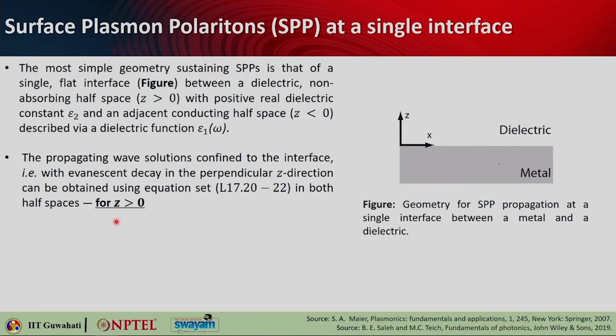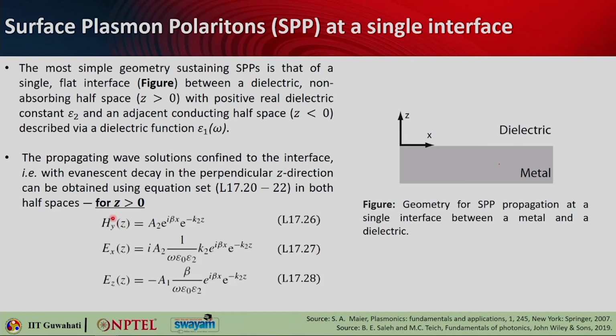First let us look into z greater than 0, the dielectric region. These are the equations we have understood: for this particular case Hy, Ex and Ez are non-zero, and we can write the equations like this.